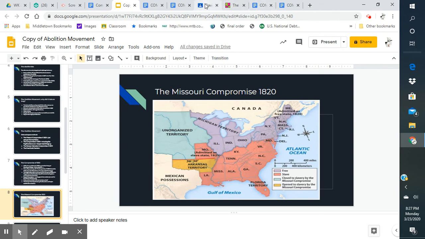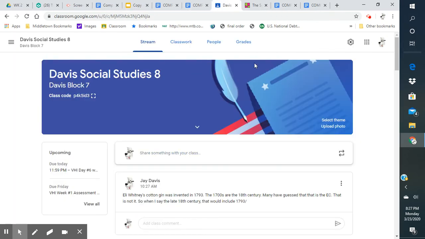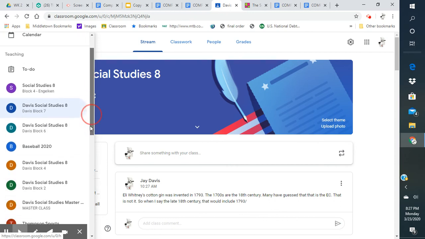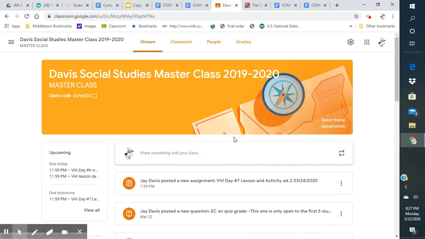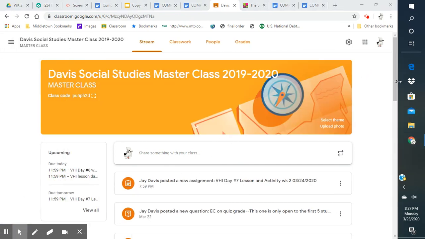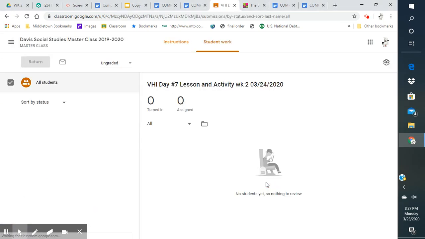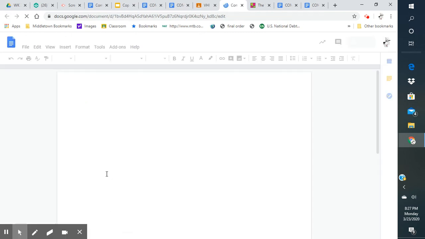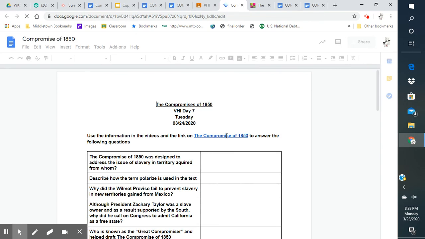And so in today's activity, you will read a brief passage from Khan Academy, and you will find that under day 7. The way you get to the reading is you go into the activity, and there is a link.